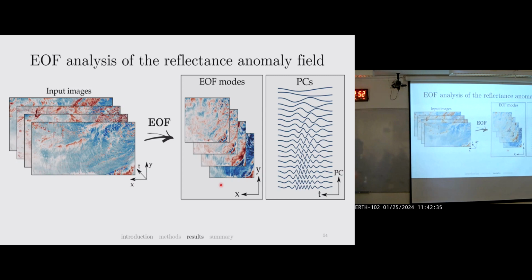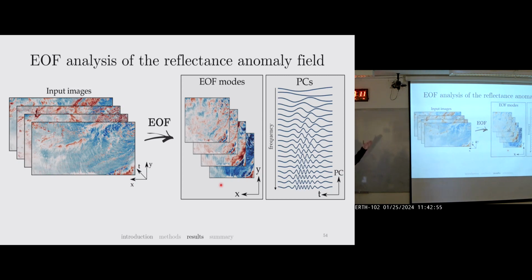Nonetheless, we're going for it, and we're plugging in these reflectance anomaly snapshots, and we end up with EOF modes that are these structures that are frozen in time, and we have the principal components, the PCs. Here I plotted 20 of them.